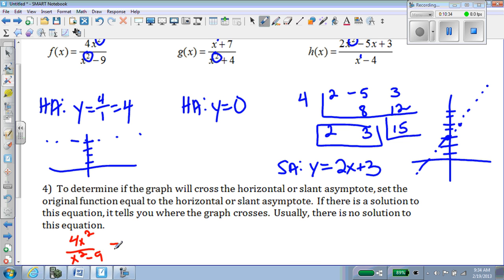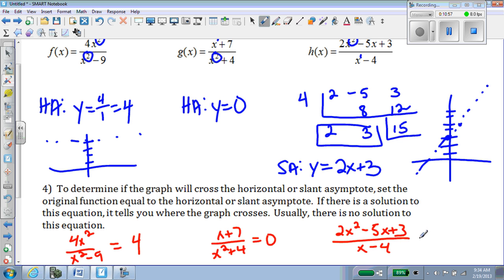And we're going to set that equal to its horizontal asymptote at 4. In this case, we're going to have x plus 7 over x squared plus 4. And we're going to set that equal to 0. In this case, we're going to have 2x squared minus 5x plus 3 over x minus 4, and we're going to set that equal to 2x plus 3.